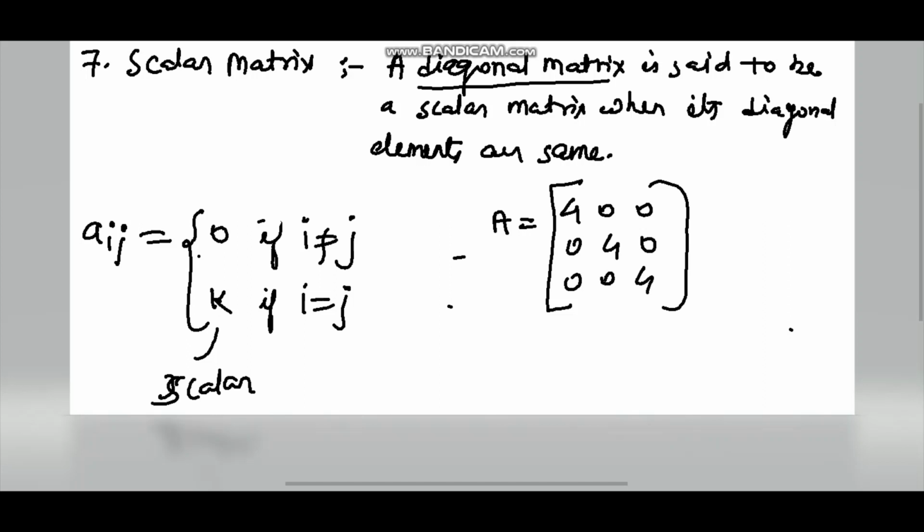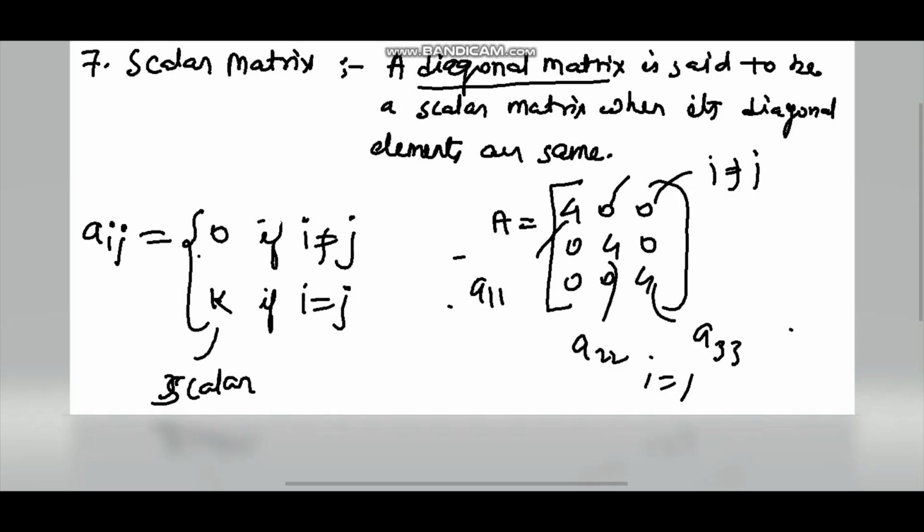It's 0 if i is not equal to j, and a scalar if i is equal to j. See, it is a11, a22, a33. Here i is equal to j and 4 is the scalar. I think this is clear.